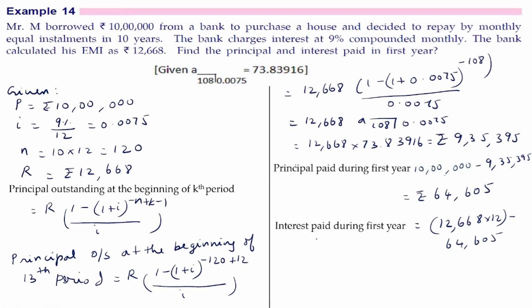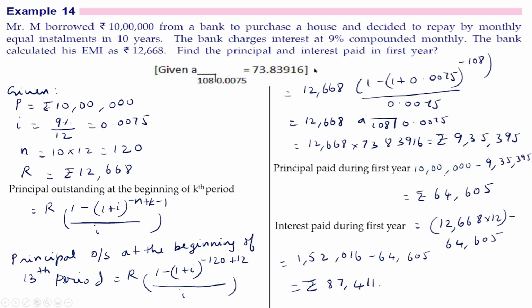So when we simplify, this is equal to 1,52,016 minus 64,605. Now this is equal to rupees 87,411. So the principal paid during the first year is 64,605 and the interest paid during first year is rupees 87,411.